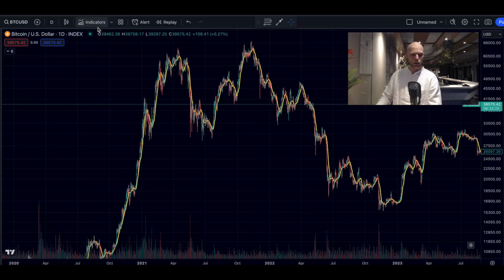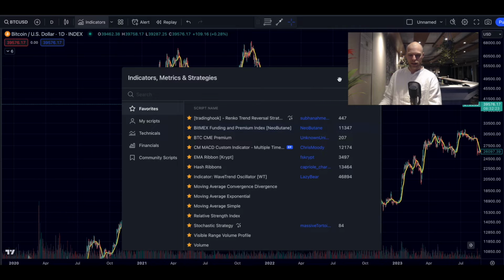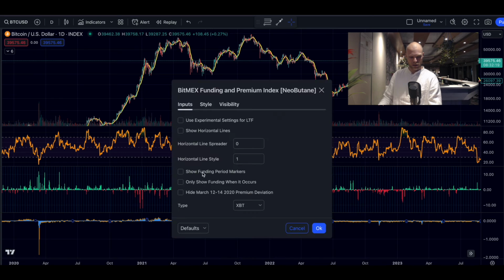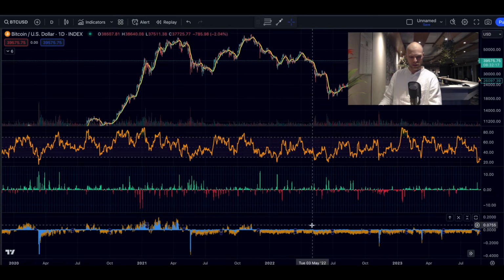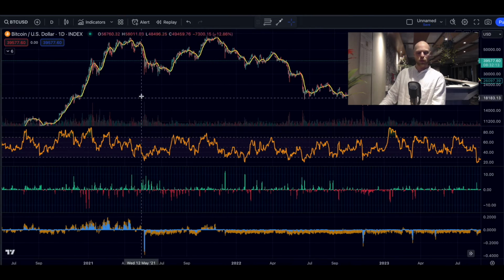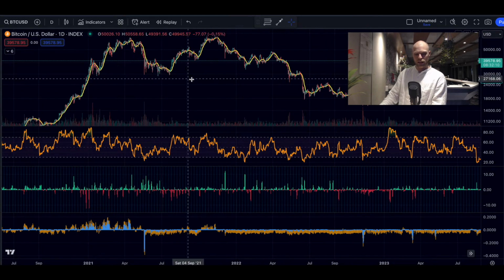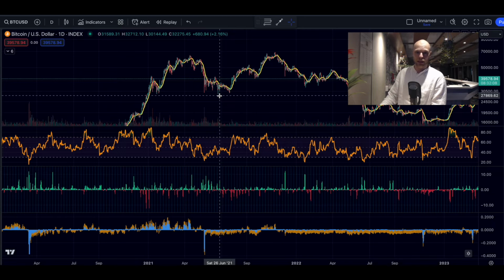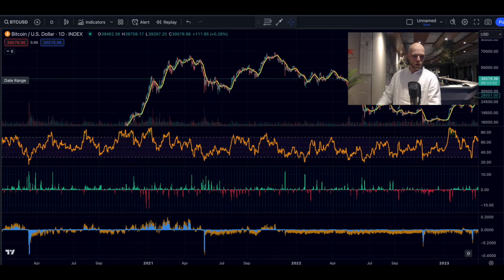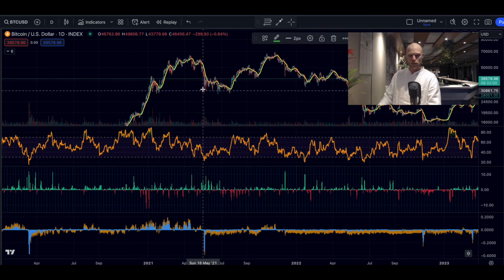So for example, if we bring out the funding rates right here, from Bitcoin, let me get rid of that March 2020, so we can see it a little bit better. Then we can see, for example, this 60-day cycle low was for me a pretty clear long for that bull market back in 2021. And why was that? Well, first of all, we had this massive capitulation low, massive sell-off right here.